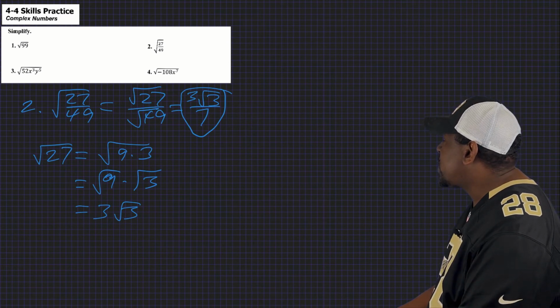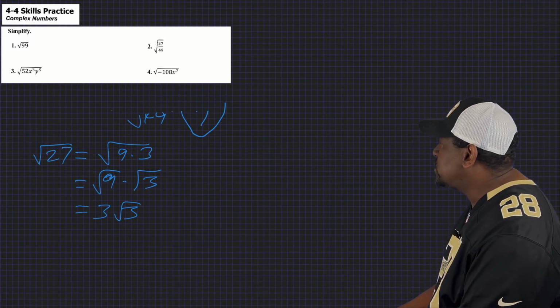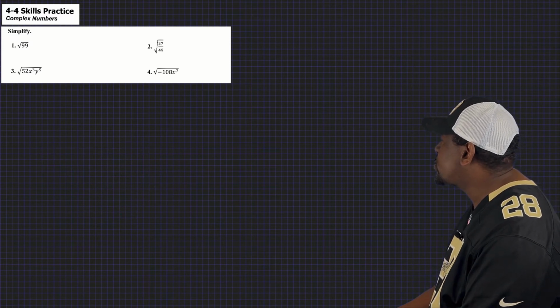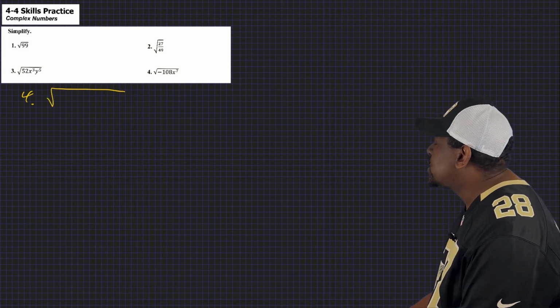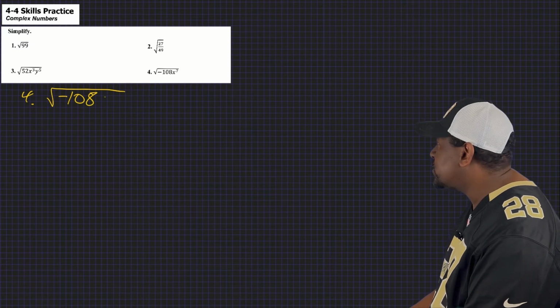That simplifies number 2. So now we're going to go to number 4, which is our first exploration of a radical that is a negative number. So we take the square root of -108 x to the 7th.